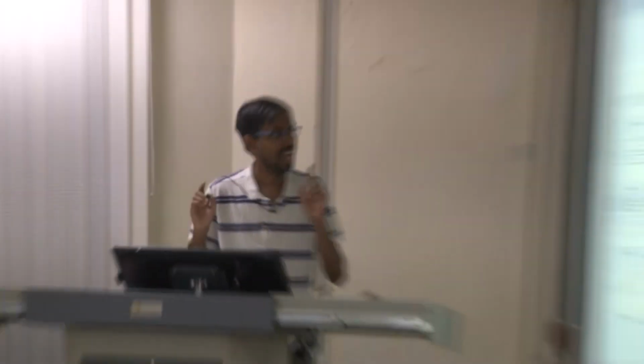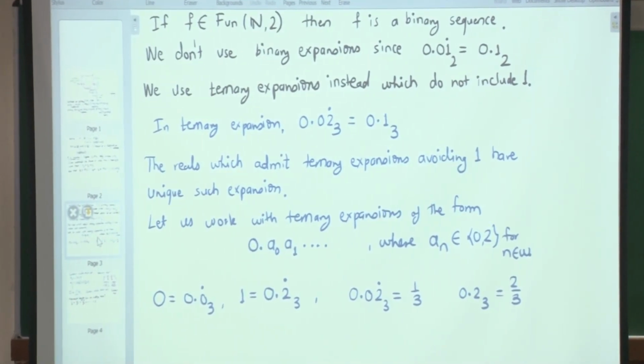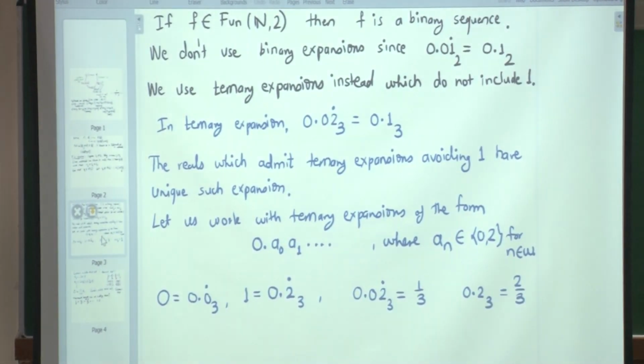Now I am ready to say what I want to say. Every number in the Cantor middle third set has a ternary expansion that does not include 1.